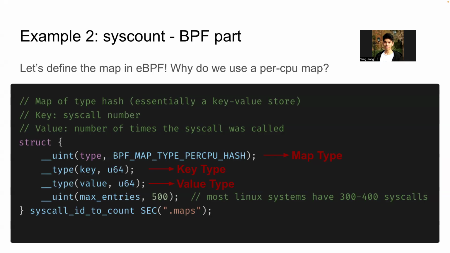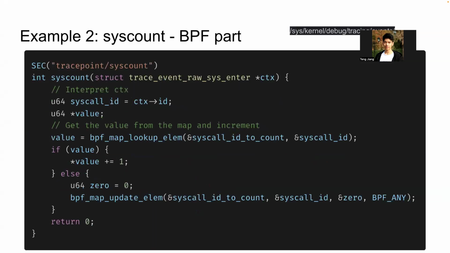It's all macros, so it's a little hard to read, but bear with it for a second. The key type is an unsigned integer, 64 bits, and the value type, and how many entries it can have. It's pretty obvious. The section is maps, and it's called system call ID to count. It's pretty obvious.